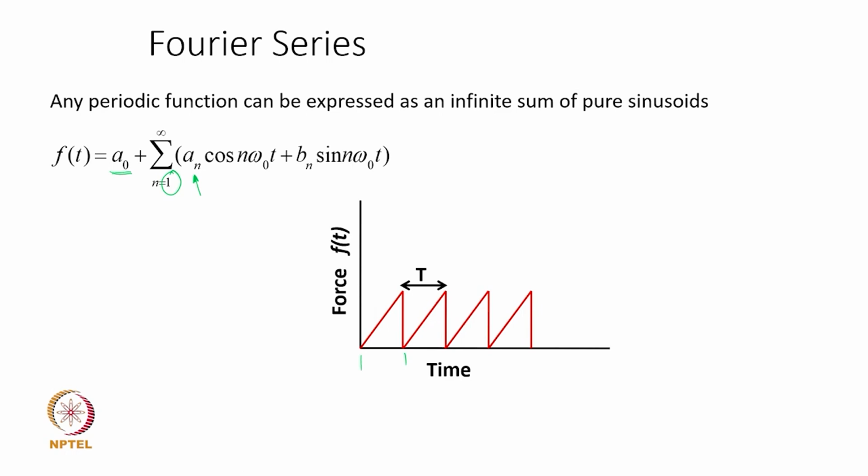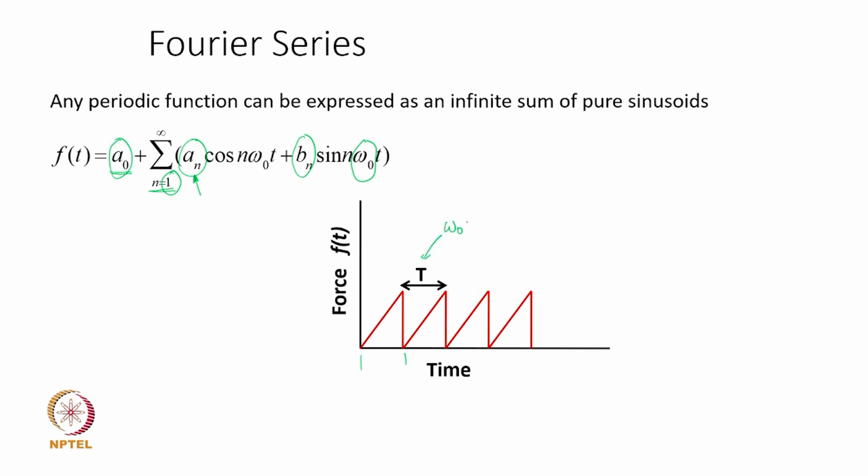All right. Now, the question will be, what is omega naught? We have expressed this as a summation from 1 to infinity. There appear to be so many unknowns here: a n, b n, what is omega naught, what is a naught. So, omega naught is related to the period of repetition.